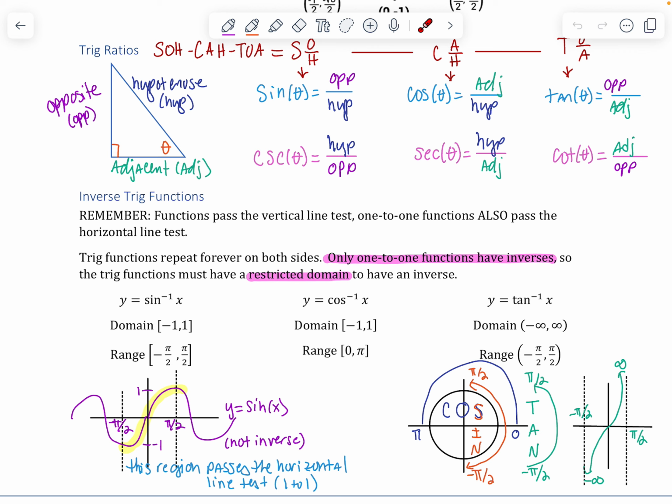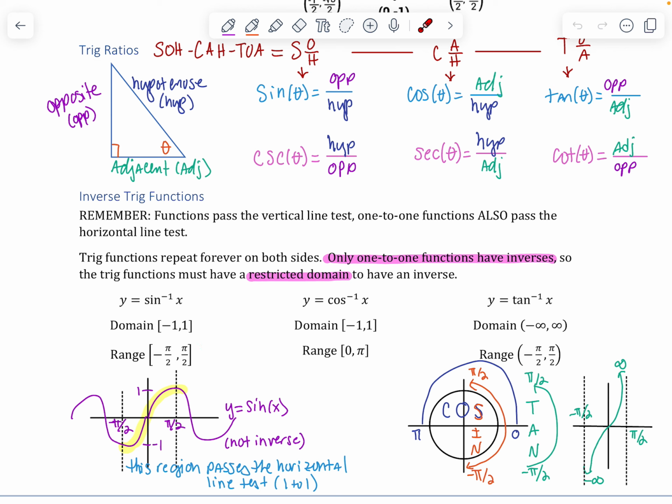So when it comes to the inverse sine function, I can't go from negative infinity to positive infinity. We're only going to go from -1 to 1, where our range is -pi over 2 to pi over 2. So let's look at that, right? So right now, this is not the inverse function. Since it's not the inverse, this is actually the domain, the input of the sine function.